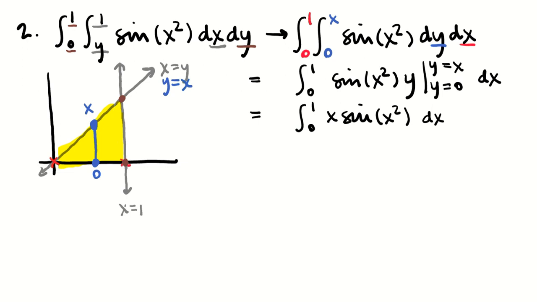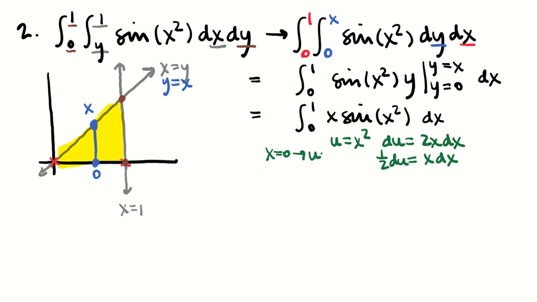Okay, I'm going to say, this is u substitution. I'm going to let u equal x squared. du is 2x dx, so x dx, which is what I have, is equal to half of du. And I need to convert the bounds. When x equals 0, that gives me u equals 0, and when x equals 1, that gives me u equals 1.